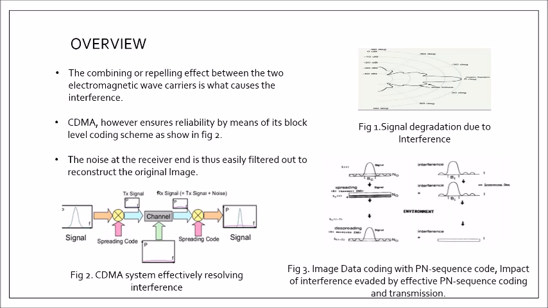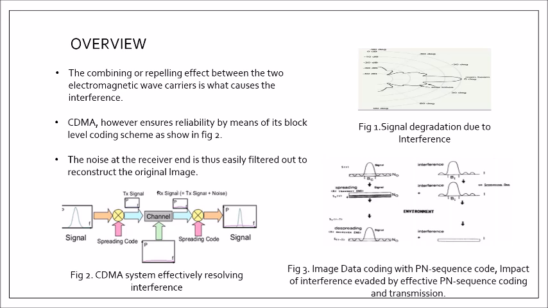Now coming to the overview behind this project, there is significant interference involved in every communication channel. The combining or repelling effect between two electromagnetic wave carriers is what causes interference.